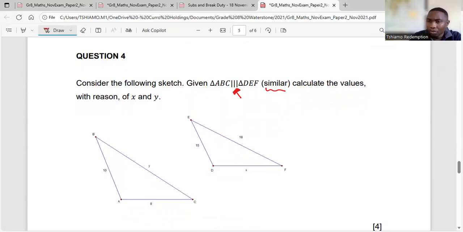Prove them using the corresponding angles must be the same and the corresponding sides must have the same proportion. Okay, so with reason, calculate the values with reason, the values of X and Y. Okay, so let's try to do this question.